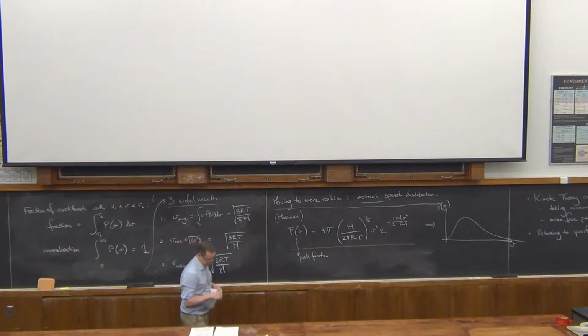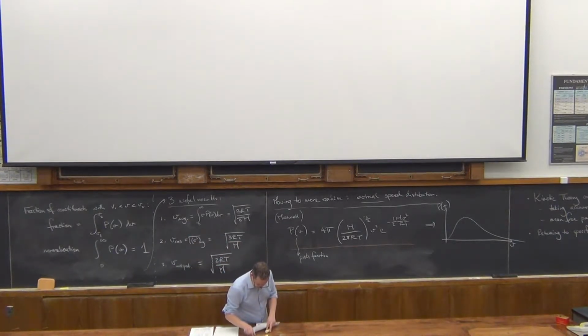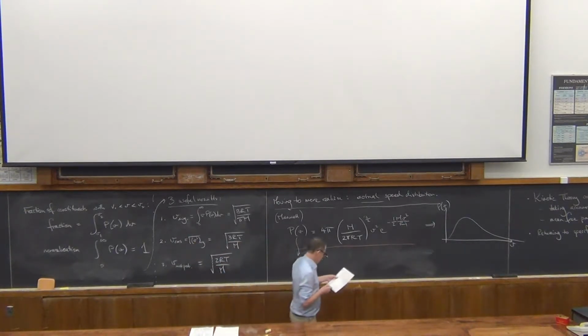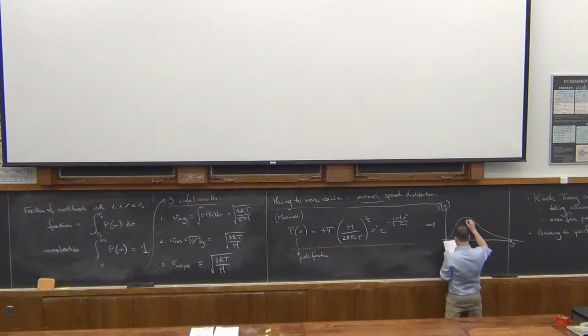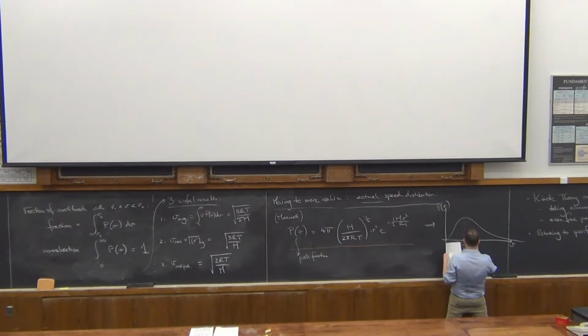Okay, a quick reference back to this image over on the right-hand side. The most probable speed, what did I say, square root of 2RT over big M. Then a little above this, depending on our parameters, temperature, is the average speed, and a little above that, the RMS speed.